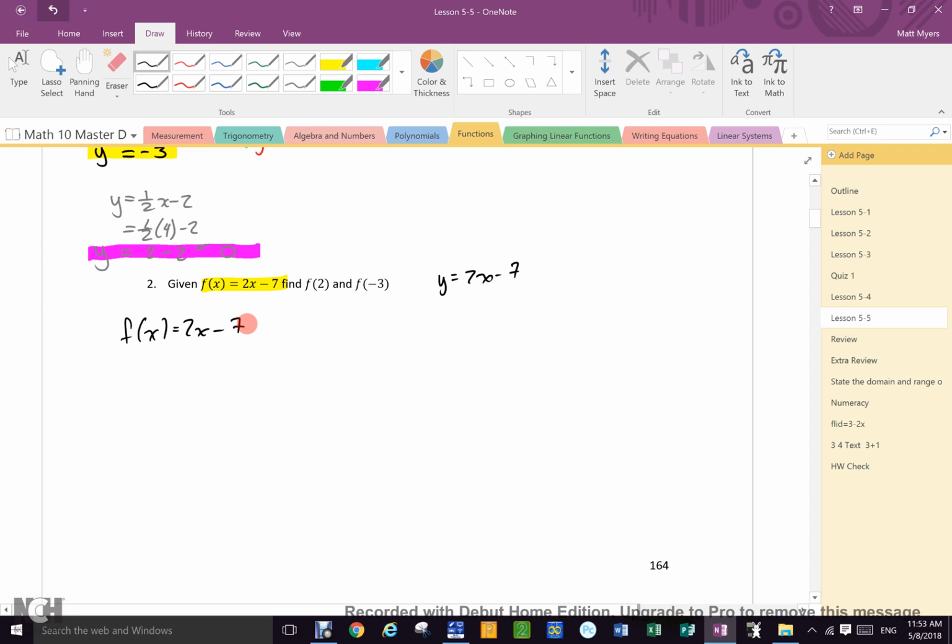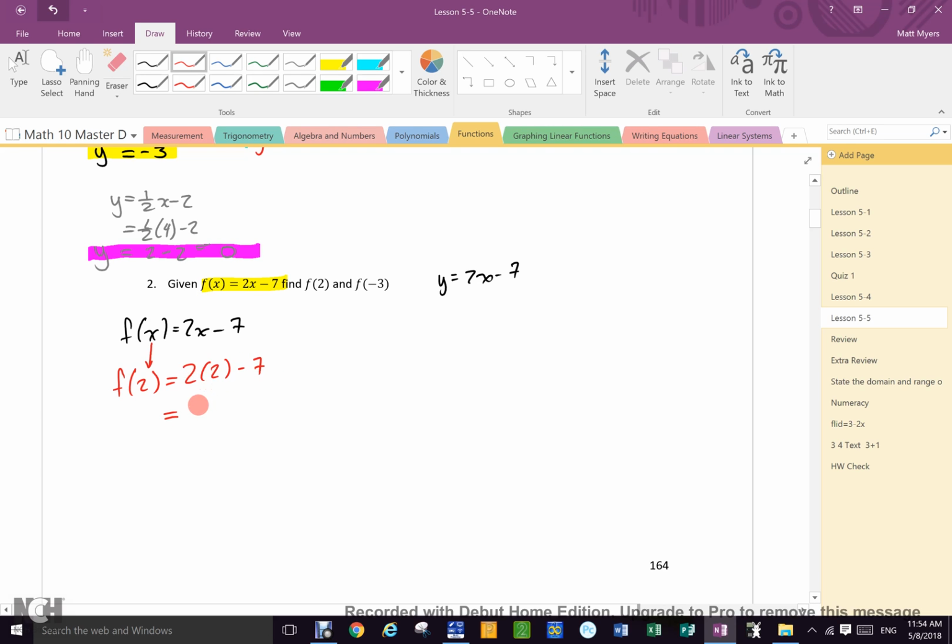I am looking for 2 values, aren't I? One of the values I am looking for is the f of 2. What has that x become? 2. So what should that x become? 2. I input a 2. And what is my value?